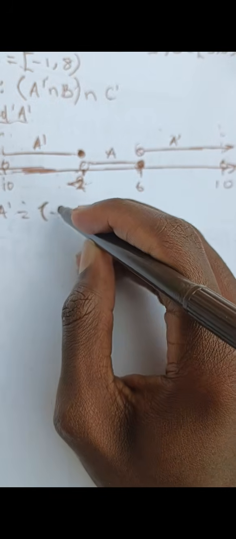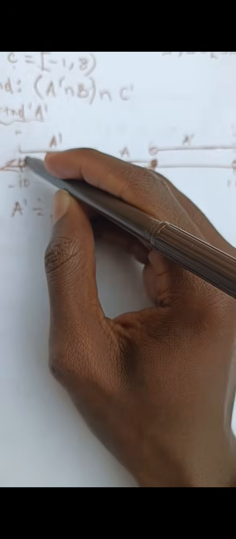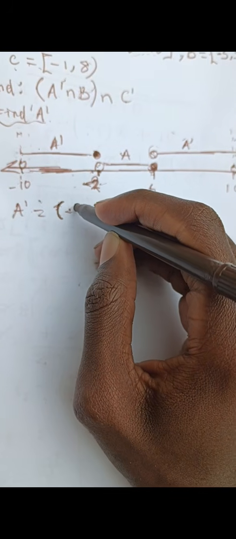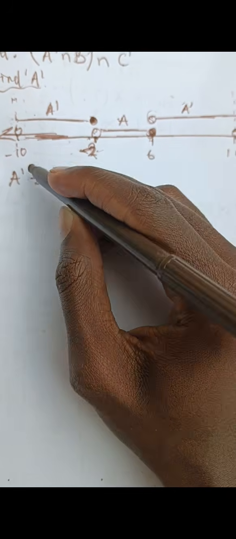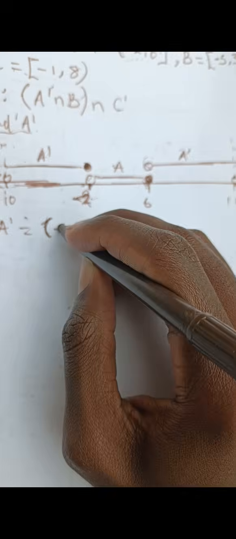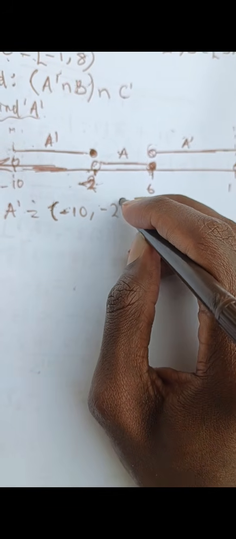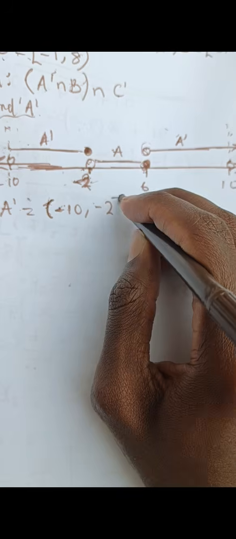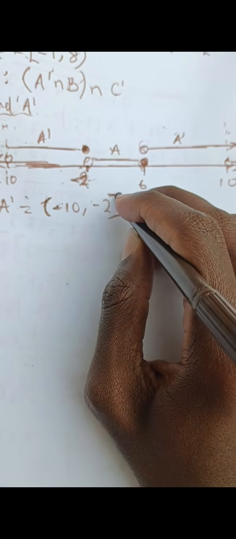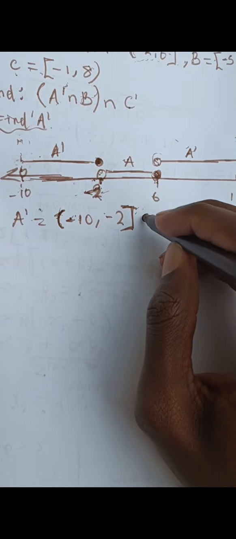So we are going to use this symbol, the parenthesis. So we are going to start from -10 to -2. Now -2, we will use this symbol because it is going to be part of the A complement, which I'm sure by now you understand.